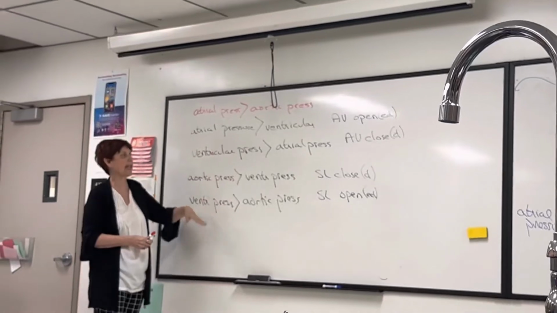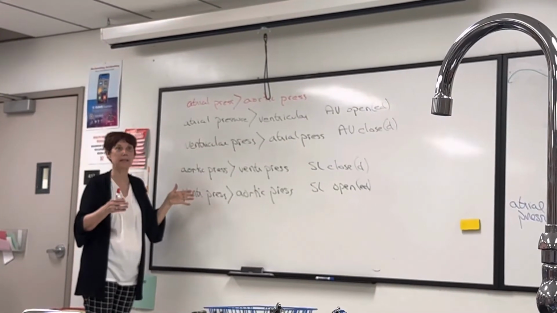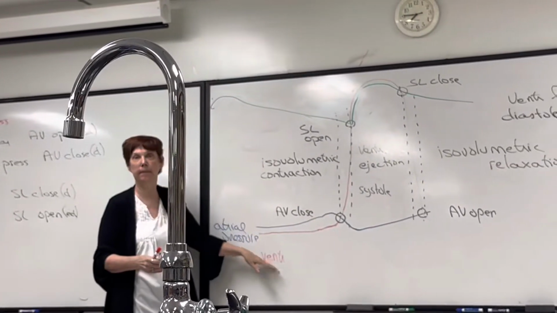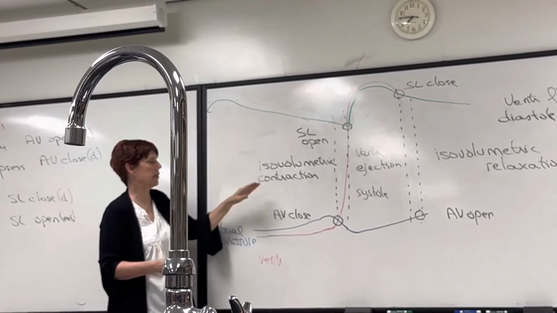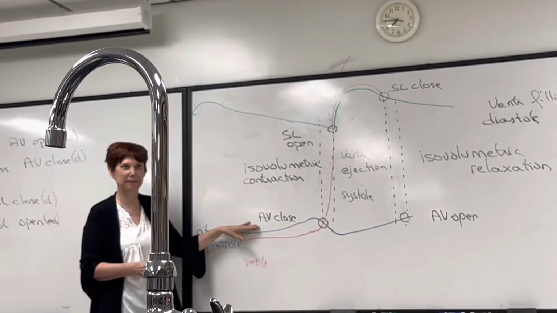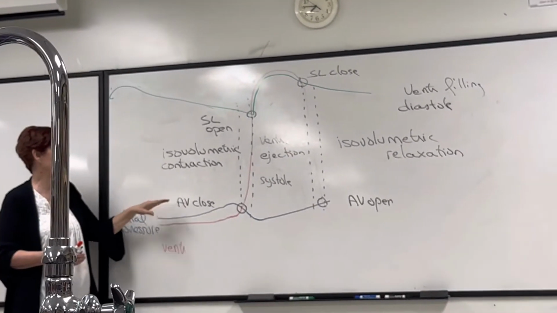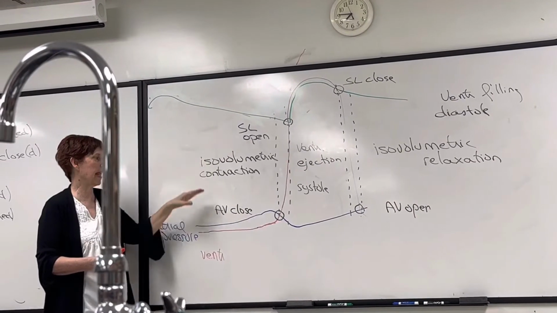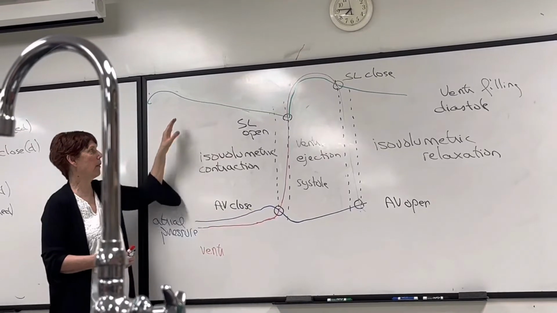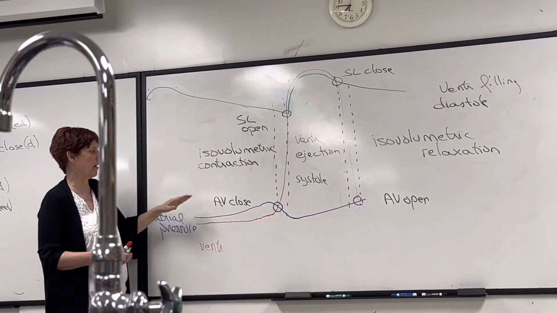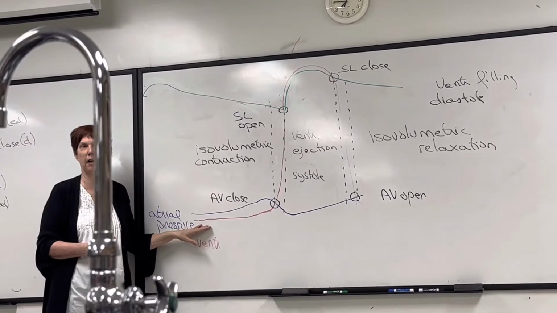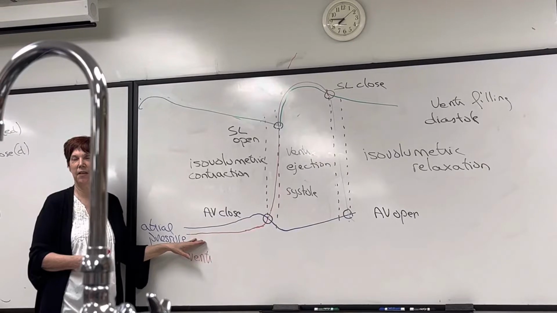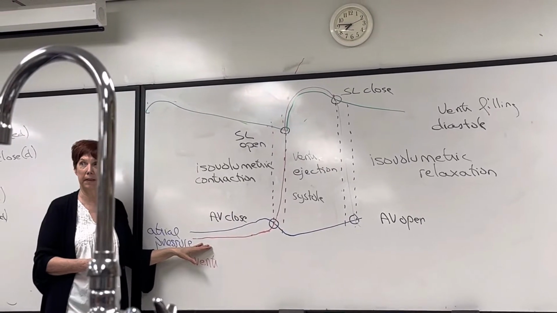So you'll usually see these answers in groups of 3 because we have 3 pressures. So at this time of ventricular filling, aortic pressure is greater than atrial pressure, and atrial pressure is greater than ventricular pressure. We don't have any valves between the aorta and the atria. So what we look at is aortic pressure is greater than ventricular pressure, so semilunar valves are closed. Atrial pressure is greater than ventricular pressure, so AV valves are open, all right?